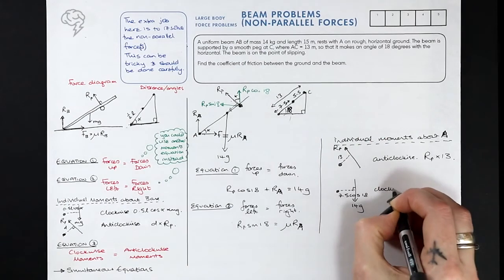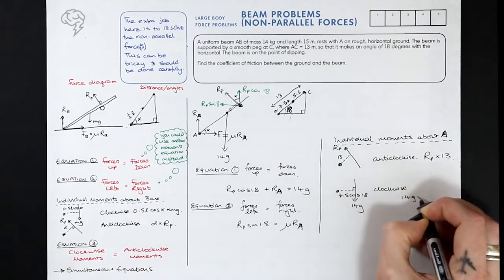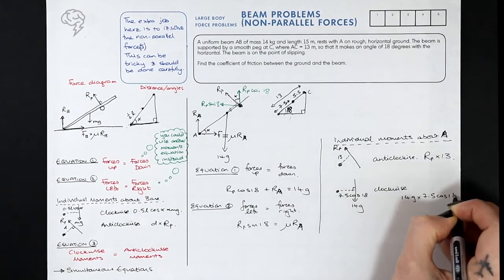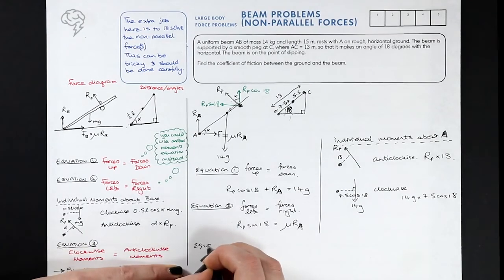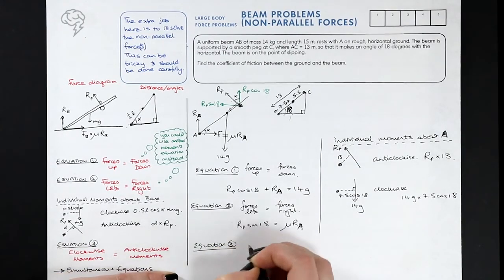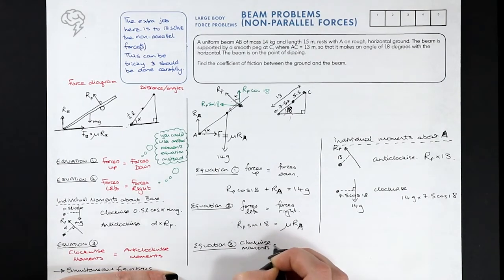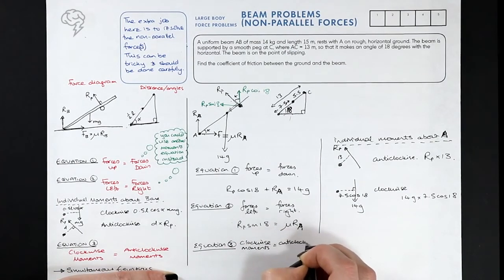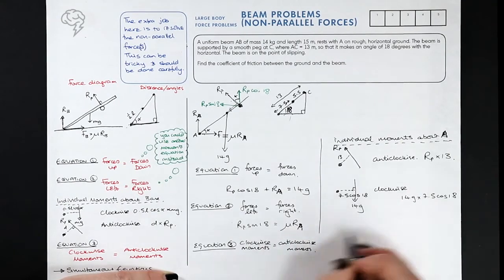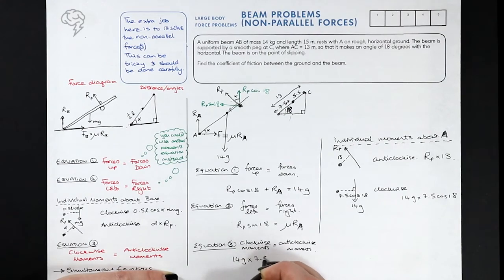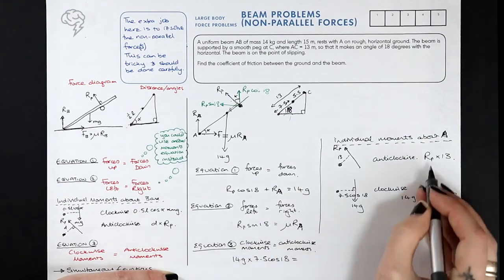That gives a clockwise moment of 14g times 7.5 cos 18. Now I can set up equation 3. I'm in equilibrium, so the clockwise moments equal the anti-clockwise moments. 14g times 7.5 cos 18 is the same as RP 13.